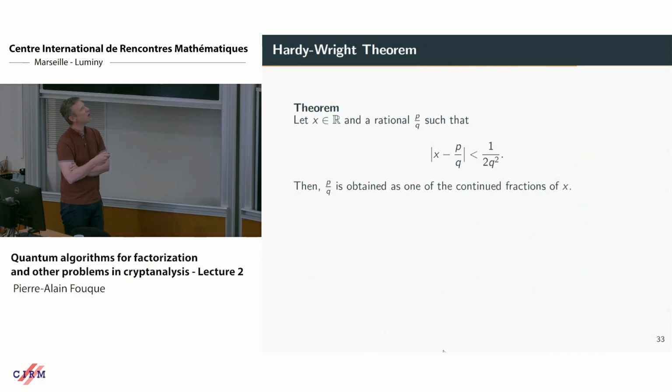In fact, if you compute the continued fraction of the value x, one of the convergents of this fraction will be exactly the good fraction that you are looking for.